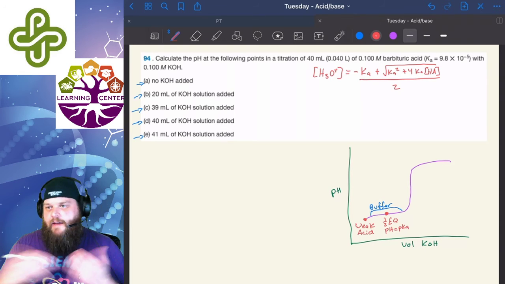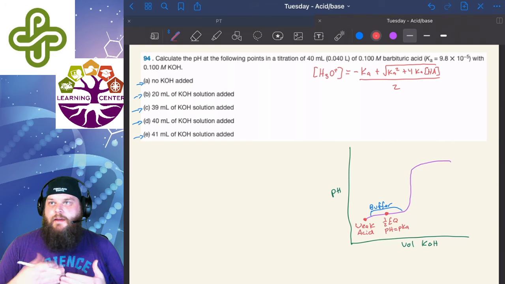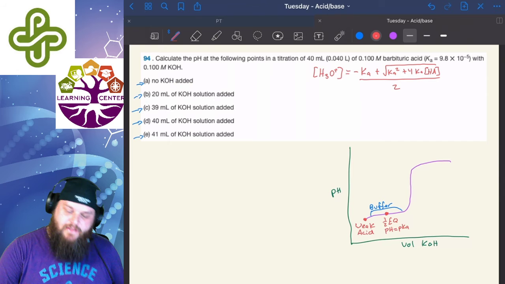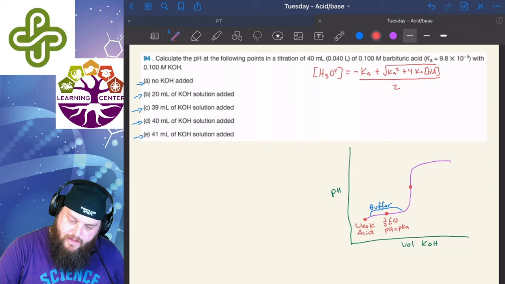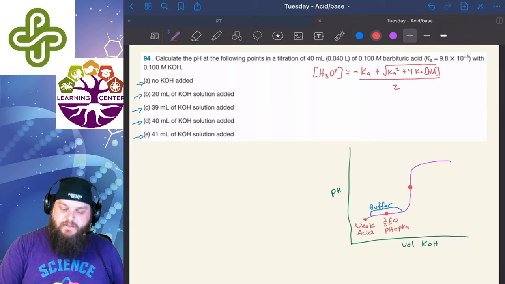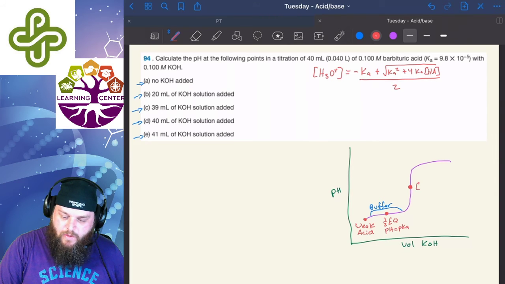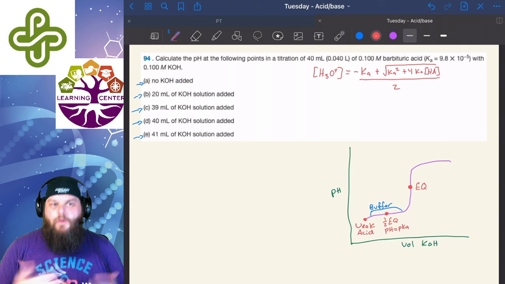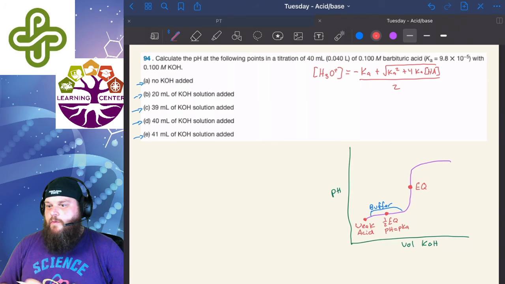And then shortly after that buffer, we see that the moles of base start to increase dramatically compared to the moles of acid. The pH shoots up until we hit this point right here. It's nearly vertical at that point. It's exactly vertical, actually. We call that the equivalence point, EP, EQ. And that's when the moles of the conjugate base have taken over, and you basically have no moles of your original acid.